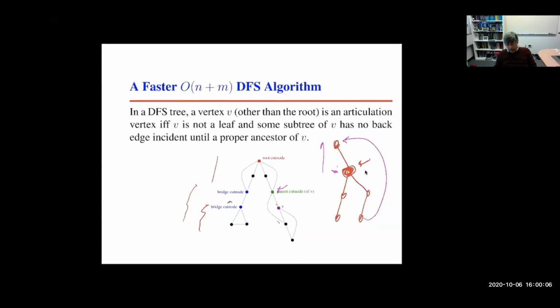But I can have an edge going back. What has to be done to make this not be a cut node? Well, I've got to go from here to a proper ancestor of that node, somebody who's above it. Perhaps its parent or grandparent or something like that.